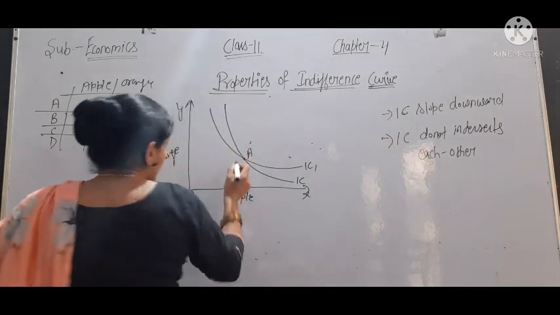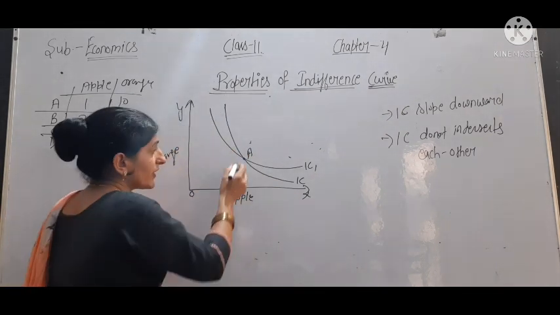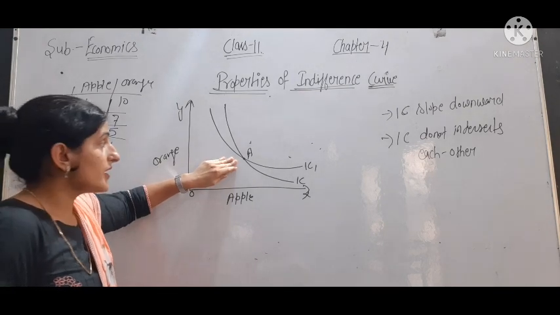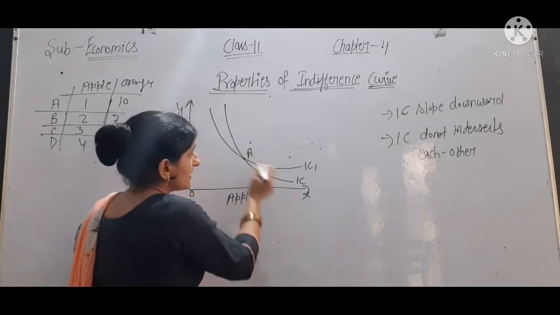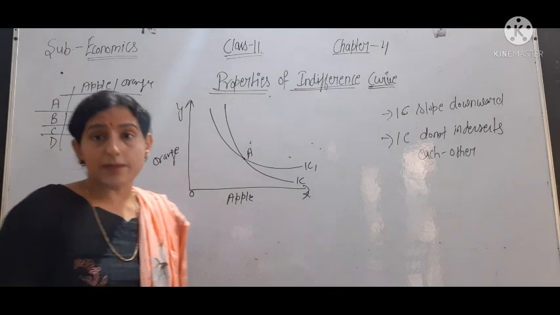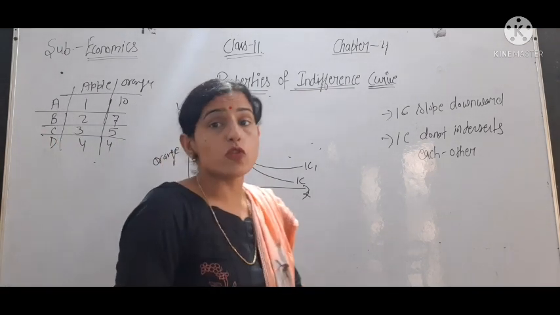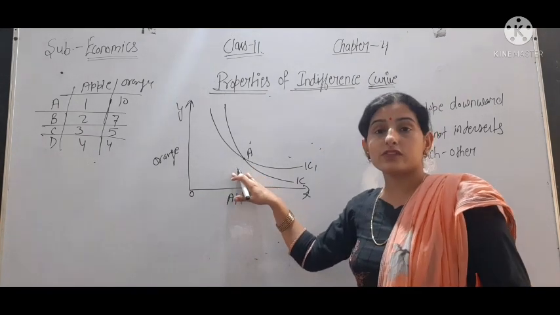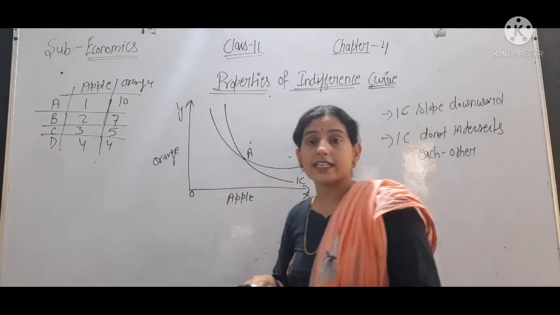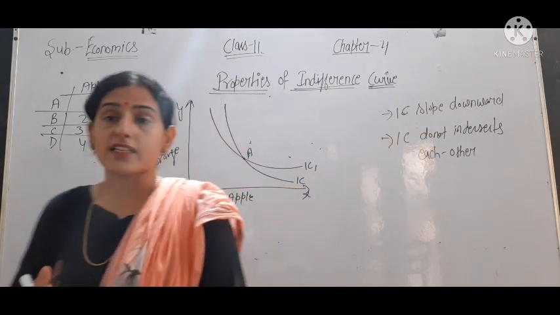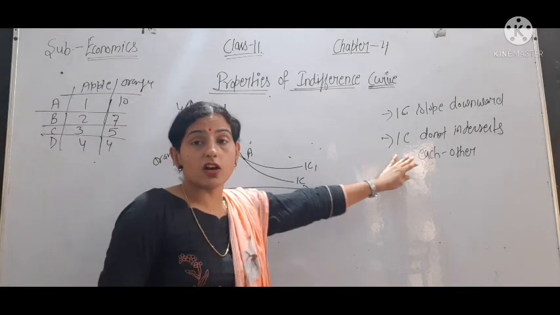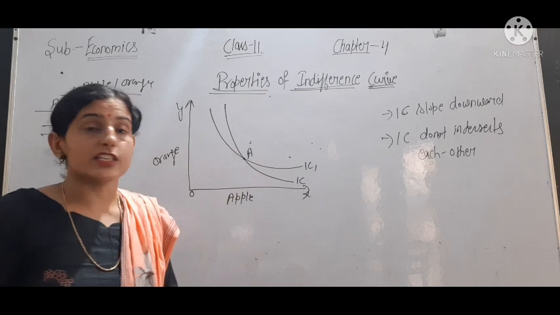Here is a point where the consumer is getting the same level of satisfaction, which means both ICs give the same satisfaction, but it is wrong. According to our theory, a lower IC gives lower satisfaction and a higher IC gives higher satisfaction. So indifference curves do not intersect each other.